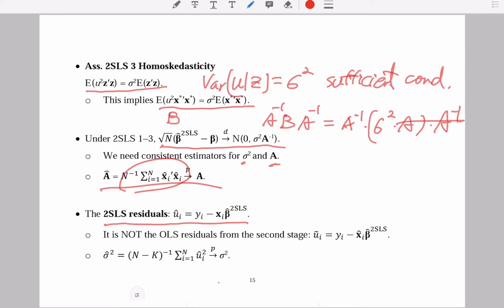Okay, you should not use that to do inference. To get the correct residuals, you actually need to plug in the two-stage least square estimates and get the residual using the original x, not the x hat.